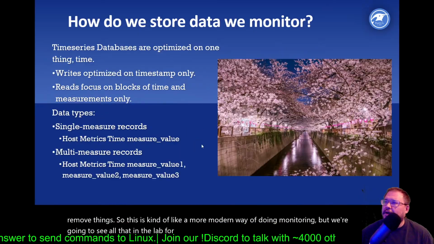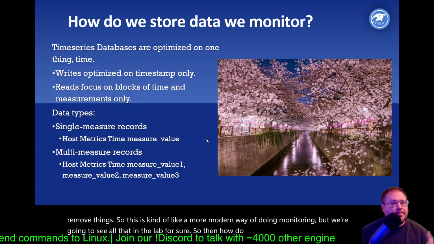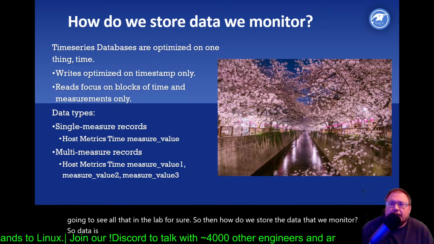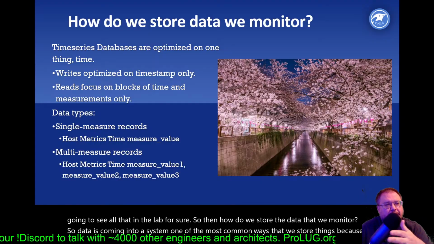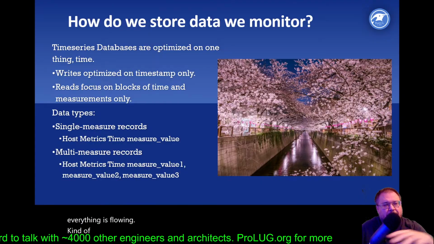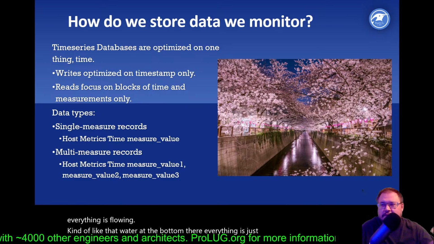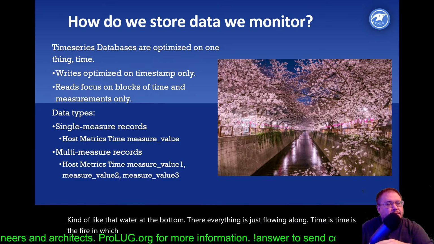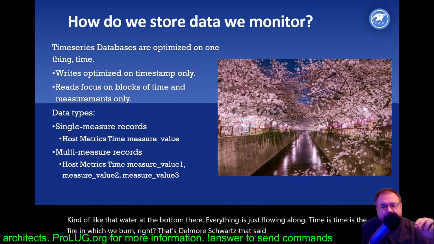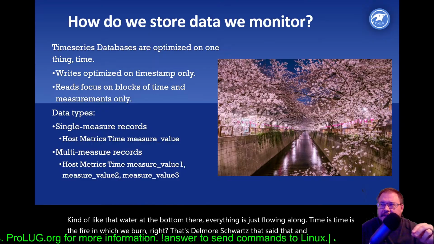So then how do we store the data that we monitor? Data is coming into a system. One of the most common ways that we store things, because everything is flowing, like that water at the bottom there, everything is just flowing along. Time is the fire in which we burn, right? That's Delmore Schwartz who said that.